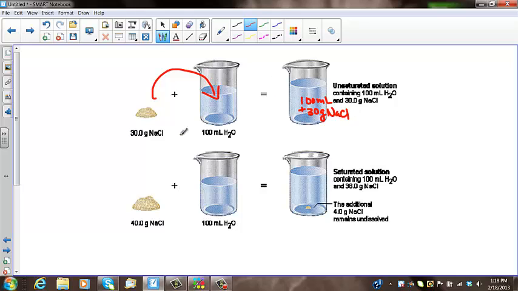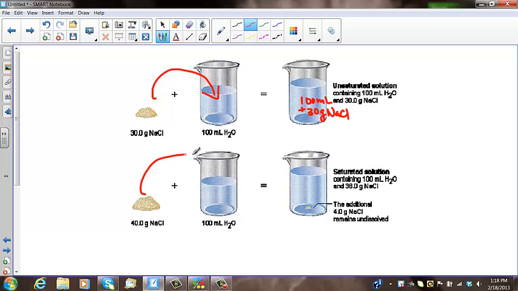That's my solution. All of that dissolves. Notice that there's nothing left on the bottom. That's an unsaturated solution. What that really means is that I could still add a little bit more than the 30 grams of NaCl.